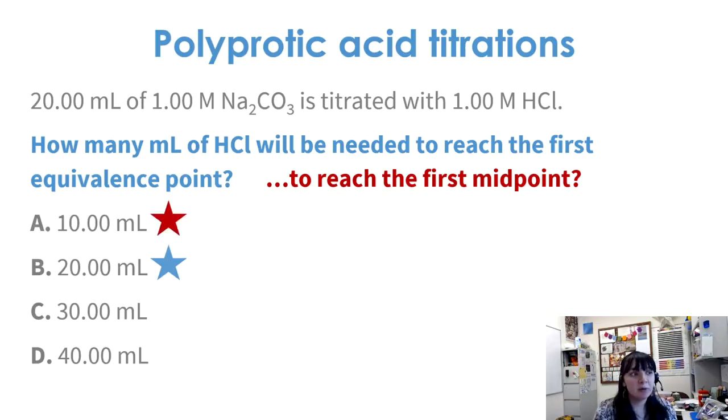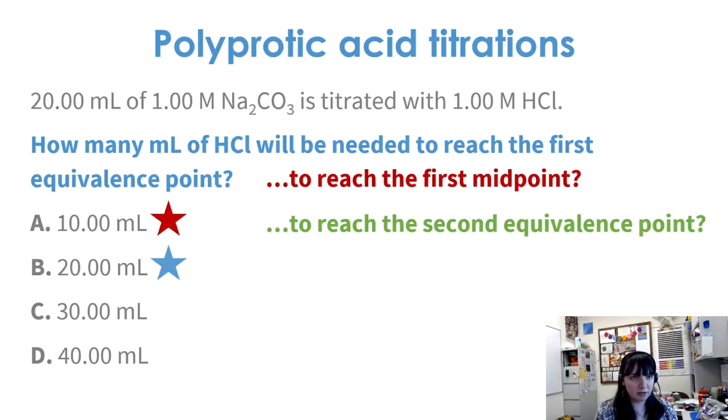Or what if instead we wanted to reach the second equivalence point? How many milliliters would be required to do that? For our second equivalence point, it is basically doing the titration once more, right? We already know that for the first equivalence point, it takes 20 milliliters. If we want to reach the second equivalence point, we're just going to do another 20 milliliters, so 40 ml in this case.